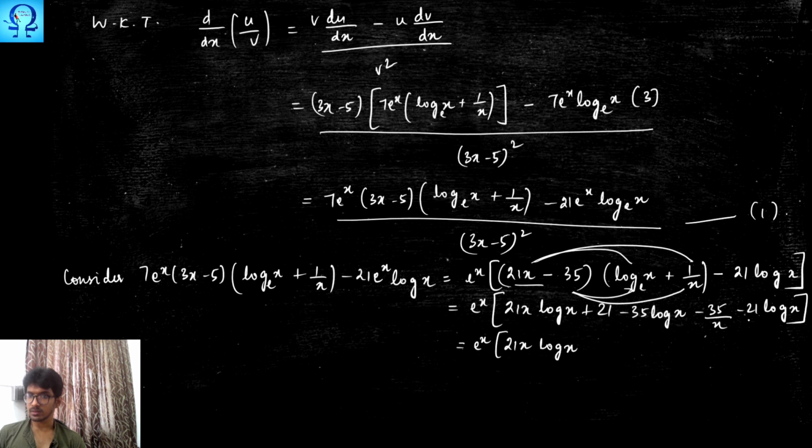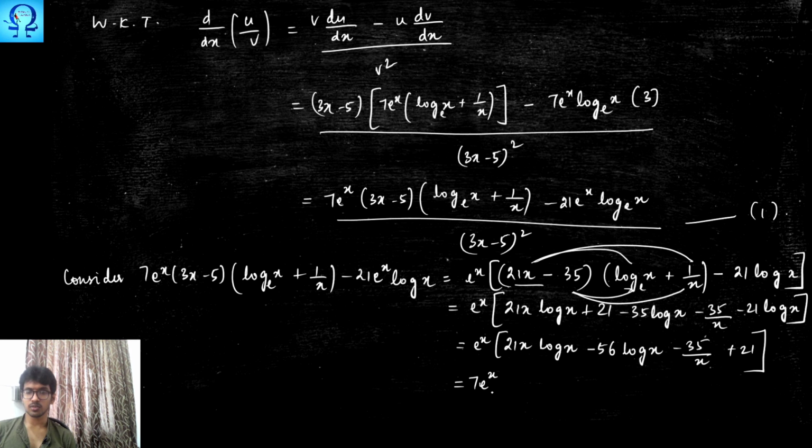The minus 35 minus 21 gives me minus 56 log x and minus 35/x, and finally I have this plus 21. If I see, I have 7 as a common factor in all these terms, so let me take 7 outside.